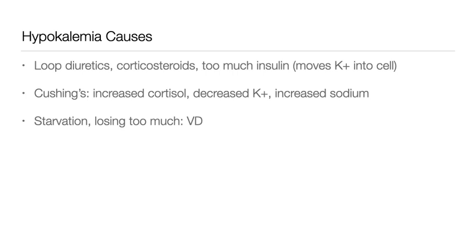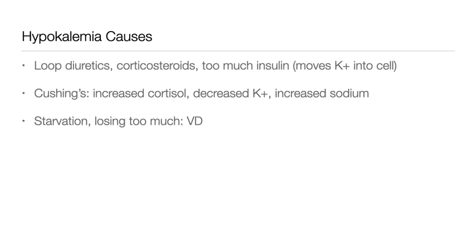Cushing's disease, you're going to have an increased stress level, increased cortisol level, which is going to lower your potassium. Again, this inverse relationship, it's going to increase your sodium. You might also see hypokalemia caused by starvation or losing too much, again, through vomit, diarrhea, GI secretions, anything rich in electrolytes.